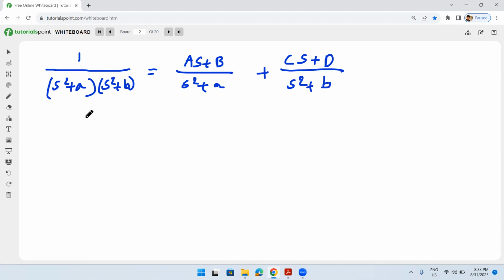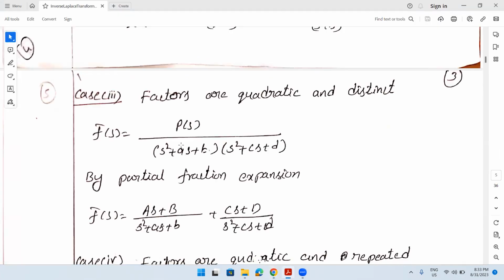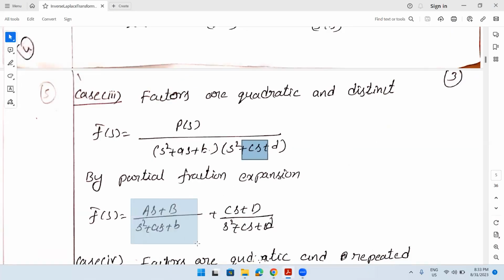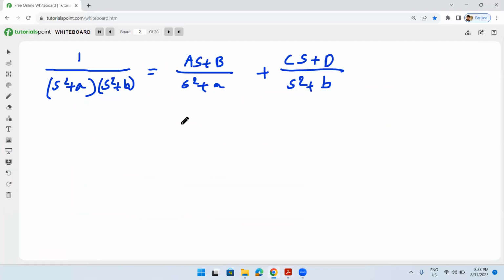Otherwise, the coefficient of S in the middle can be 0 or any constant. Even if it's not there, we can write the same form, (AS plus B) by so and so, (CS plus D) by so and so.